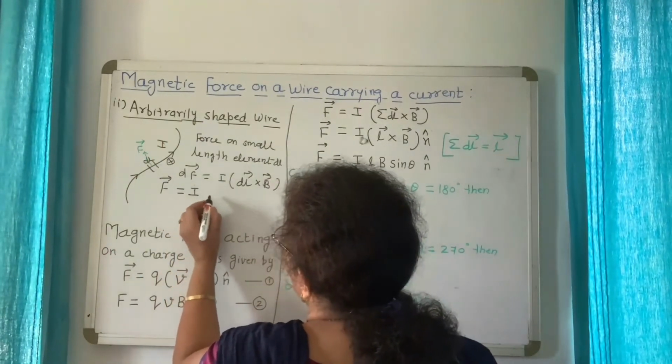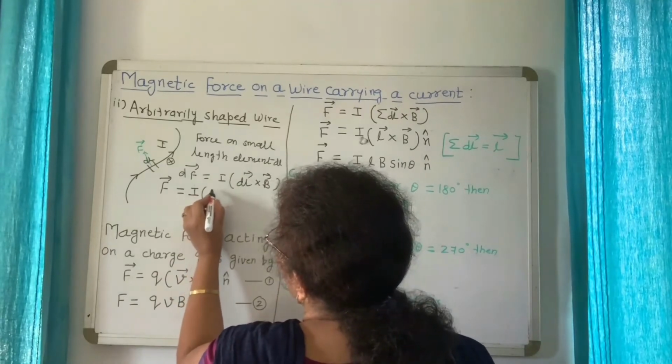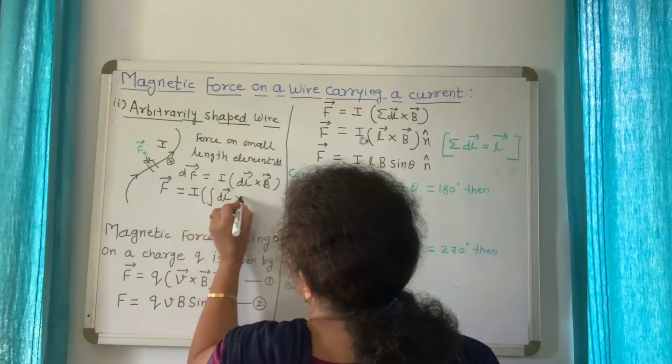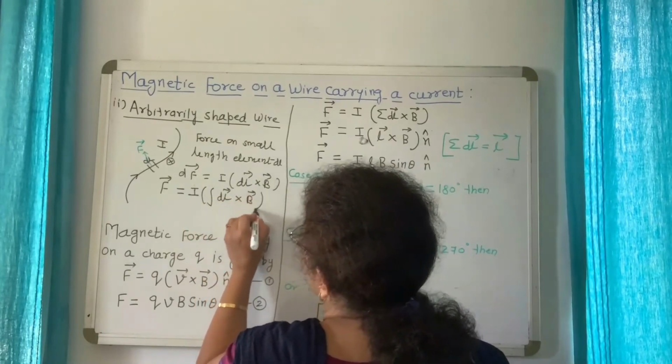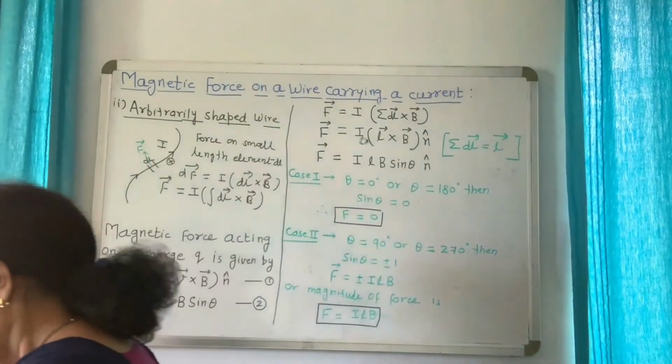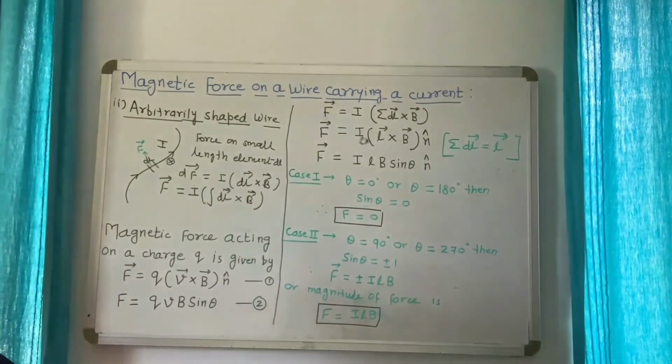So this is equal to I into the integration of dl cross B. So this is the force acting on an arbitrarily shaped wire.